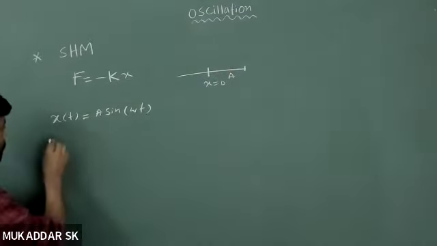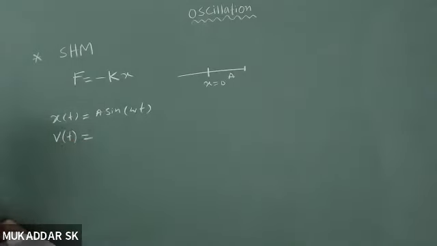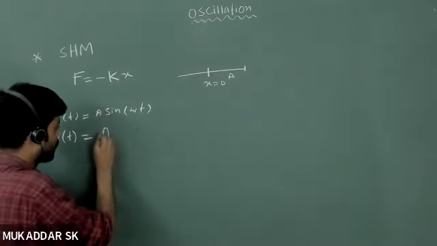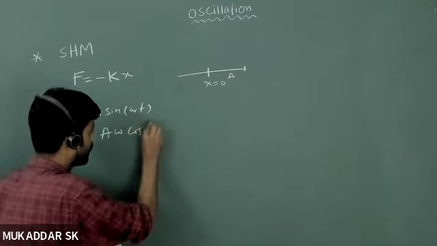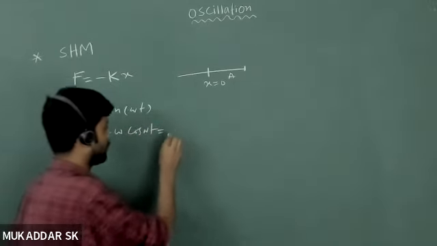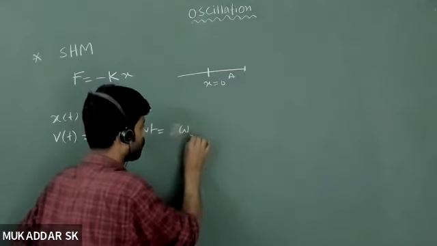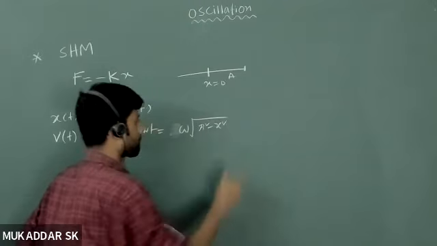We have also seen the velocity as a function of time in this situation, and that will be a omega cos of omega t, and you can further write it as omega into root over a square minus x square, right?